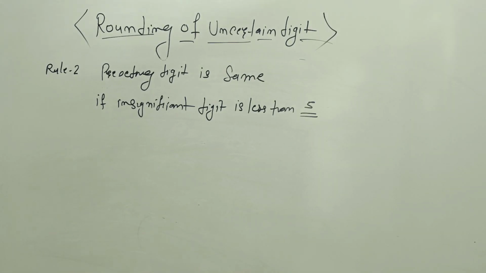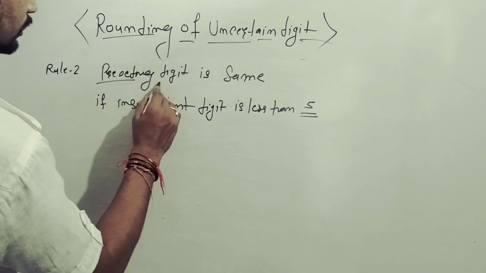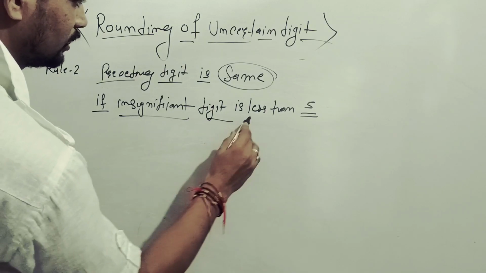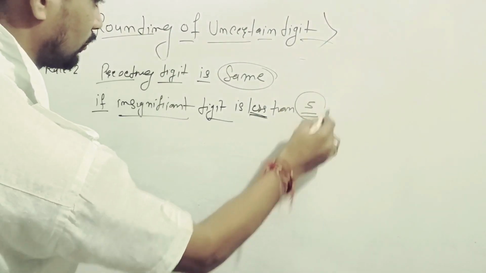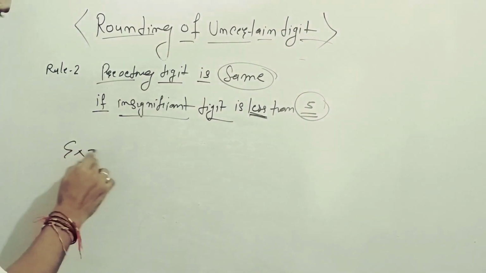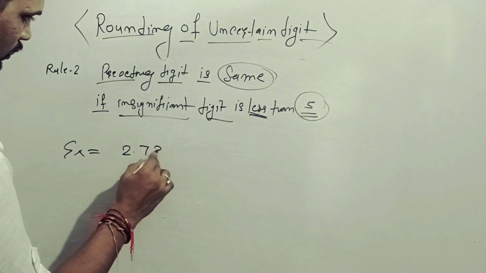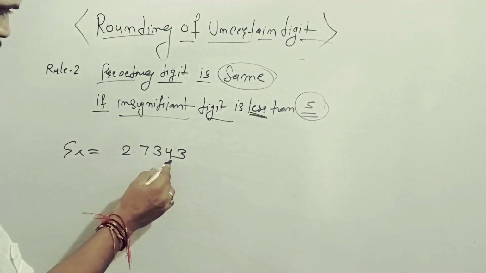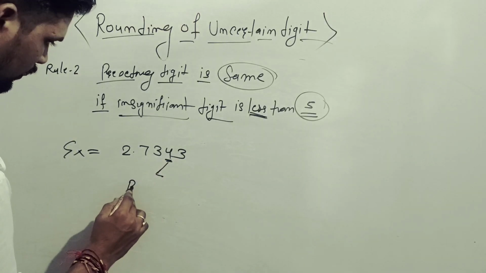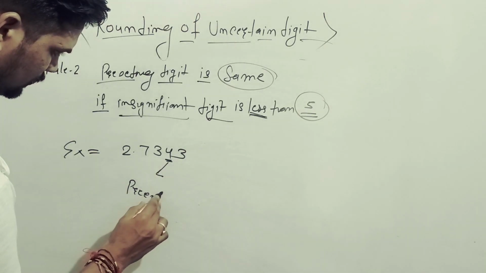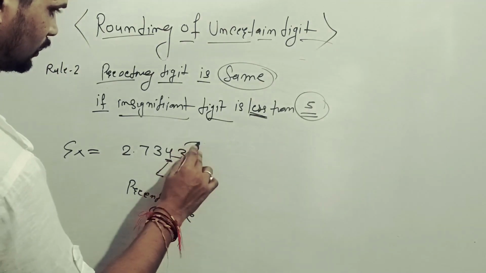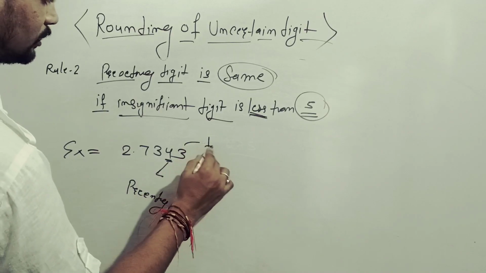And rule number 2: the preceding digit stays the same if the insignificant digit is less than 5. If the insignificant digit is less than 5, the preceding digit remains the same, and we can drop out the insignificant digit. So 2.7343: the preceding value is 4, and the 3 is less than 5.